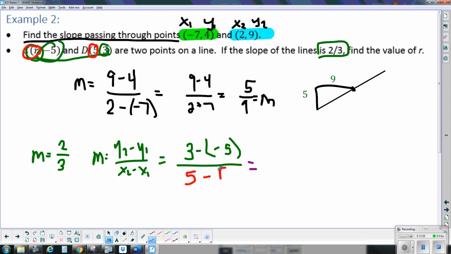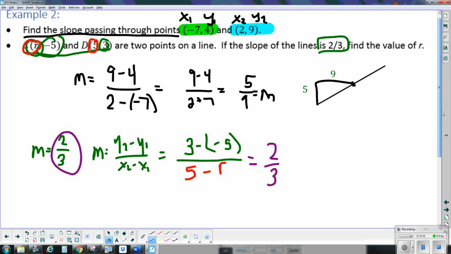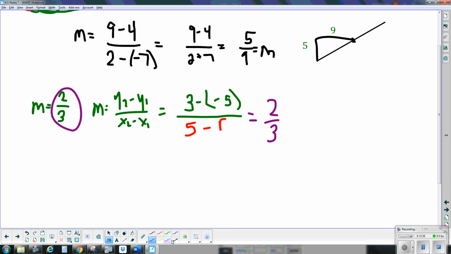And we know that that is equal to my slope, or m, so I'm going to set that equal to 2/3 because that's the slope that's given. Now I'm going to simplify each portion of this. I'm going to simplify the numerator. So 3 minus negative 5, or 3 plus 5, is 8. 5 minus r, I can't simplify because they are not like terms. So I'm just going to write 5 minus r. And I know that's equal to 2/3.